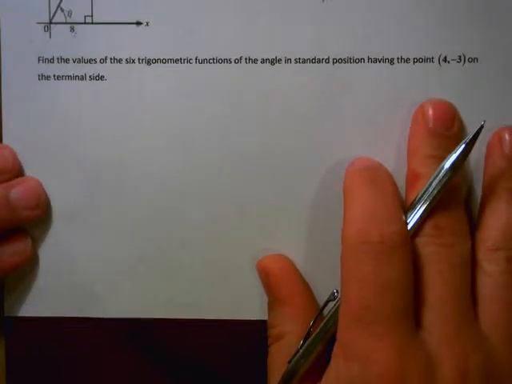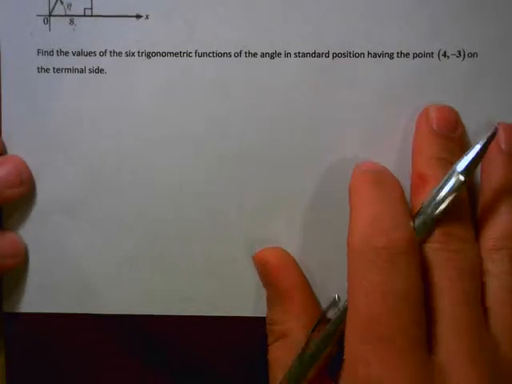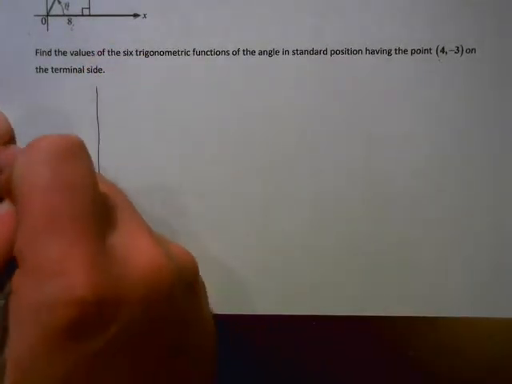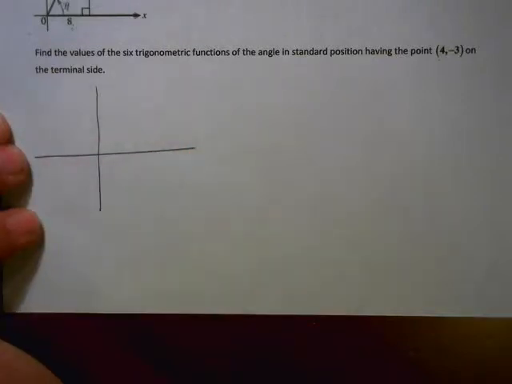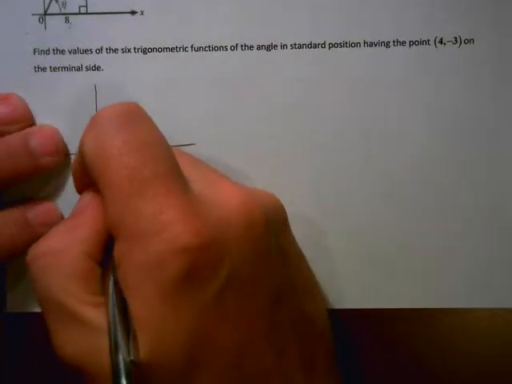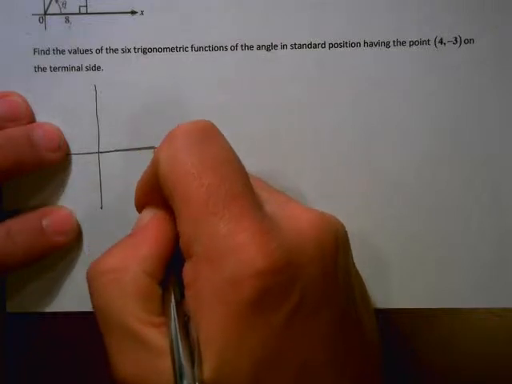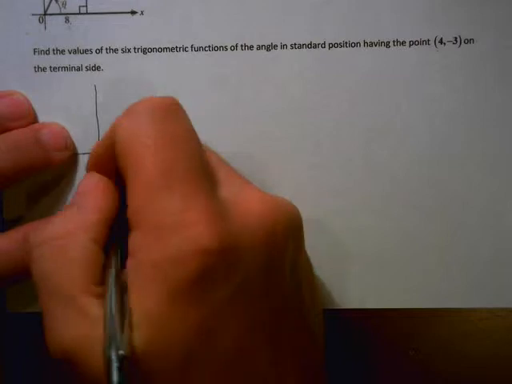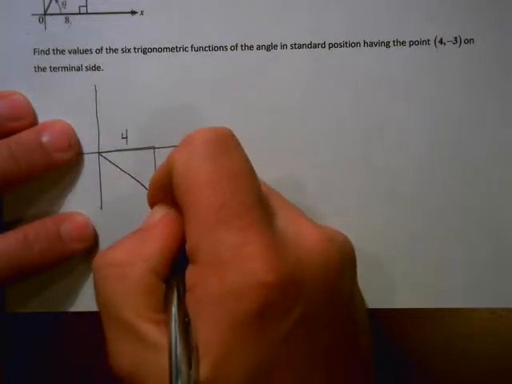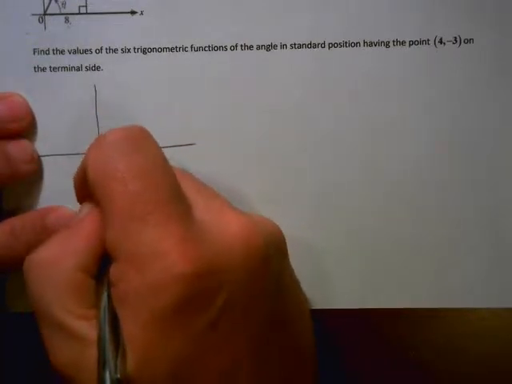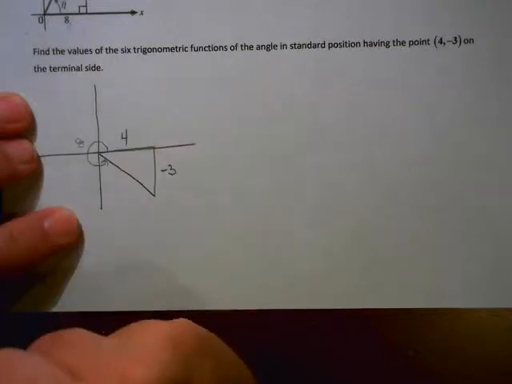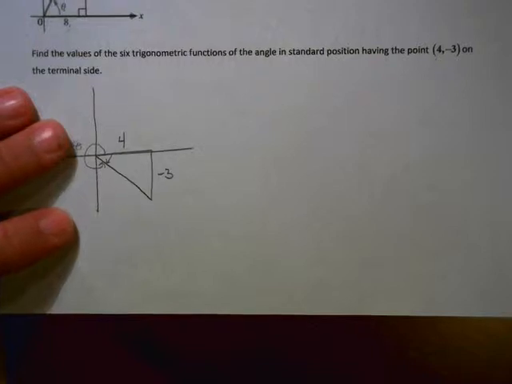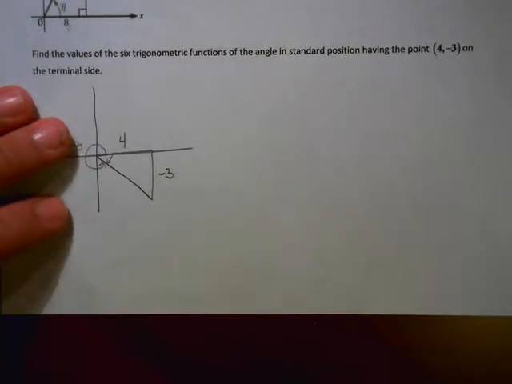Now if we have the point positive 4, negative 3, I'm going to draw my axis. 4, negative 3, I'm going to go over 4, down 3, and I'm always going to go back to the origin. So this is 4, negative 3. This would be my theta if we were positive, and this if I was going in a negative direction. But again, I want all 6 trig functions.